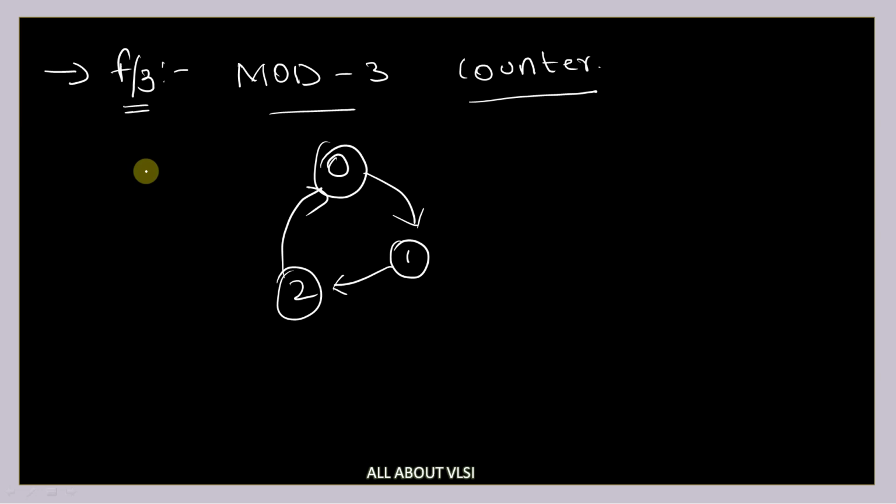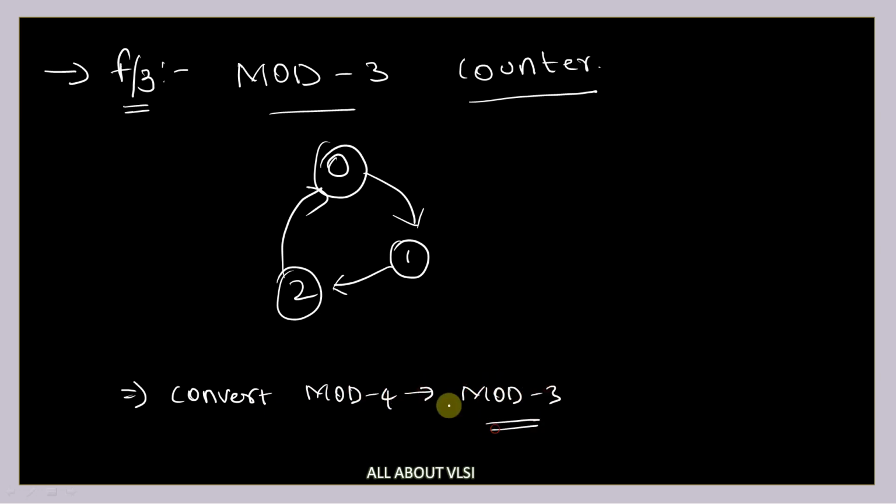Same like that, we should consider a mod 4 counter, and using the clear signals we should convert that mod 4 counter into a mod 3 counter. So I need to convert mod 4 into mod 3. Then I will get a mod 3 counter.